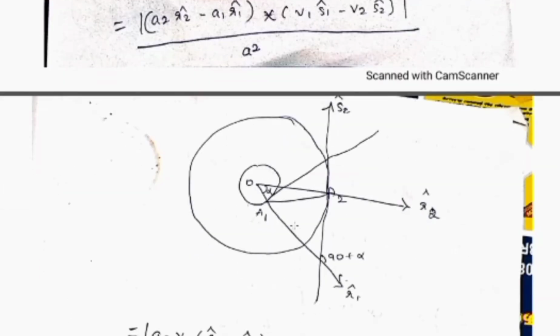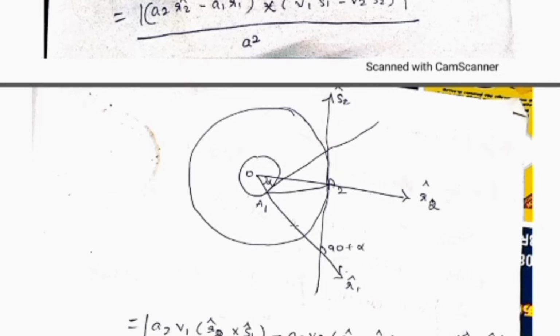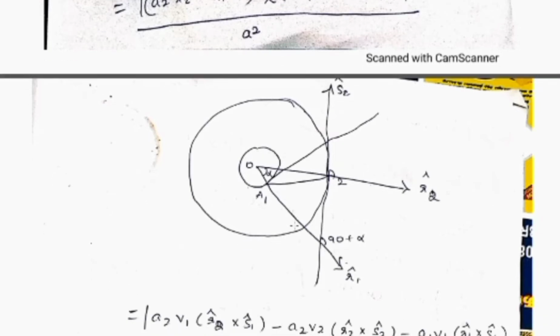You have to mention the diagram. The innermost circle with center O and the outermost circle; the outer particle is A2 and the inner particle is A1. The distance between A1 and A2 is a, and the angle between the r1 and r2 unit vectors is alpha, with s1 and s2. r1 is perpendicular to s1, that is, the tangent is perpendicular to the normal.